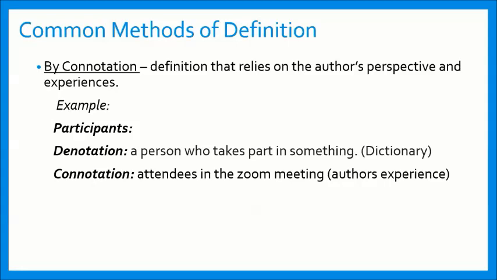If you look for the definition in the dictionary, we have the meaning: a person who takes part in something. But if I'm going to write something about Zoom and I use the term participants, I'm actually pertaining to the attendees in the Zoom meeting because you are called participants. So that is based on author experience. That is how you do connotation.